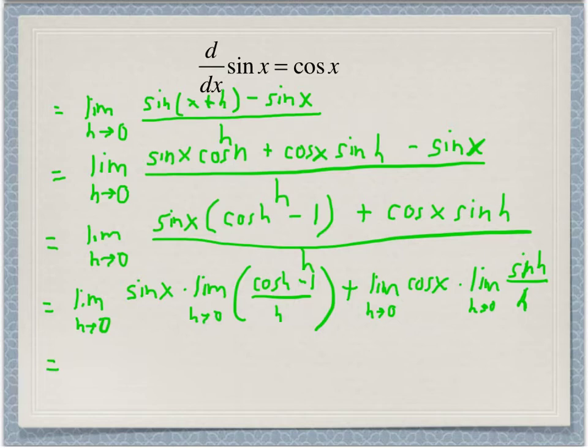So, what's the limit of sine of x as h approaches 0? Well, there's no h at all in this expression, so that's just not going to change at all. That's going to be just the sine of x. Now, what about my second one here? Well, if we think about our trig functions here, again, this is as h approaches 0. What is the cosine of 0?